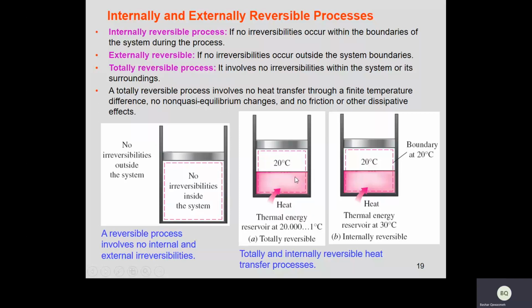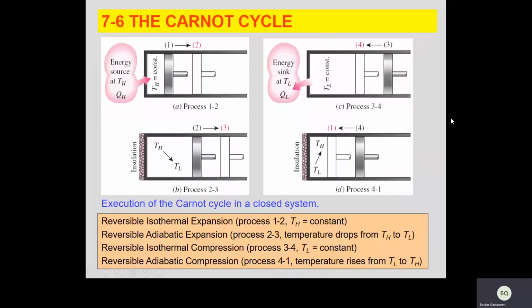So we can see that the temperature difference between the system and the surroundings is not finite, and so there are no irreversibilities outside the boundaries of the system, and so it's both internally and externally reversible, and so we can call this process a totally reversible process. Okay, so a totally reversible process involves no heat transfer through a finite temperature difference, no non-quasi-equilibrium changes, and no friction or other dissipative effects.